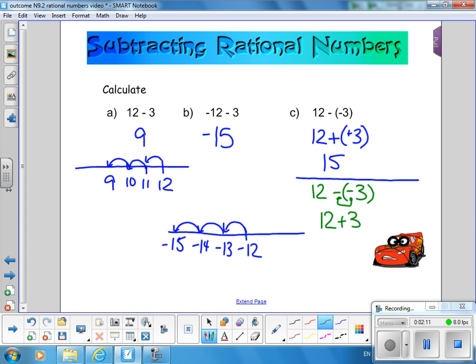So we have 12 plus 3, which gives us 15. Either you look at it as add the opposite, which is one strategy that will work, or we can use our multiplication of signs rules. There is no numerical value between those signs, so we know that a negative and a negative would change to a positive.